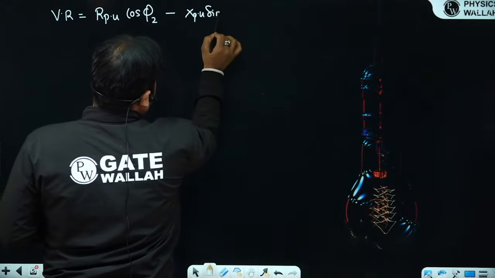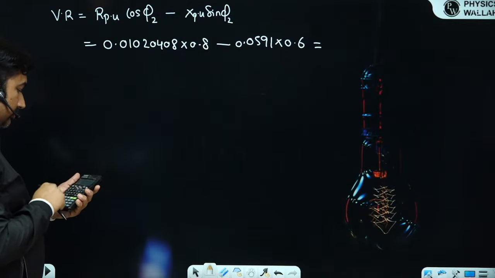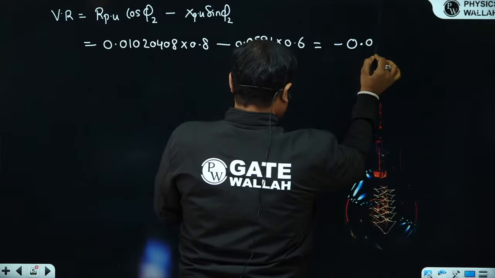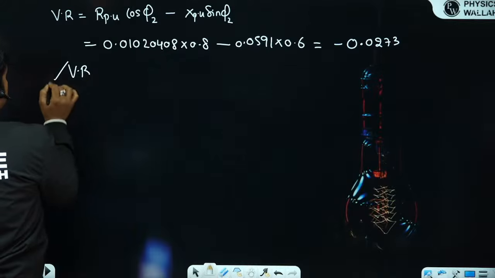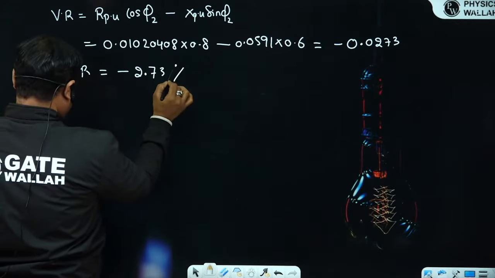So 0.01020408 into 0.8 minus 0.0591 into 0.6. So this will be minus 0.0273, and percentage voltage regulation will become minus 2.73%.